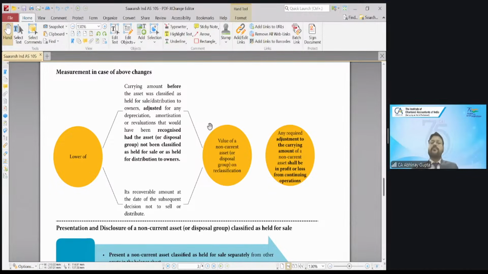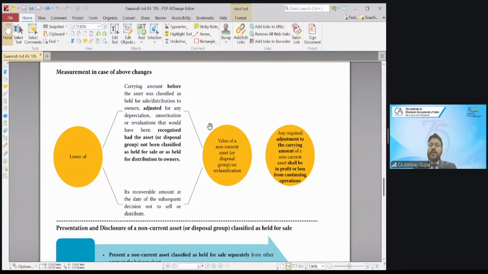So what would have been the carrying amount in that situation? The original cost minus the depreciation and impairment throughout the life until today, right? So that is the measurement which we will be making, and then we will be comparing this measured amount with the recoverable amount on the date of the subsequent decision of not selling these assets anymore, right?